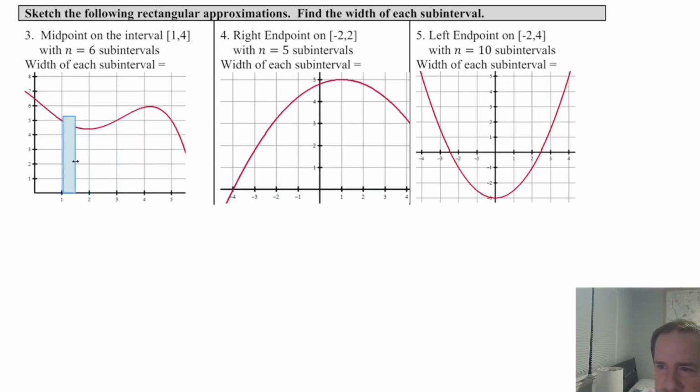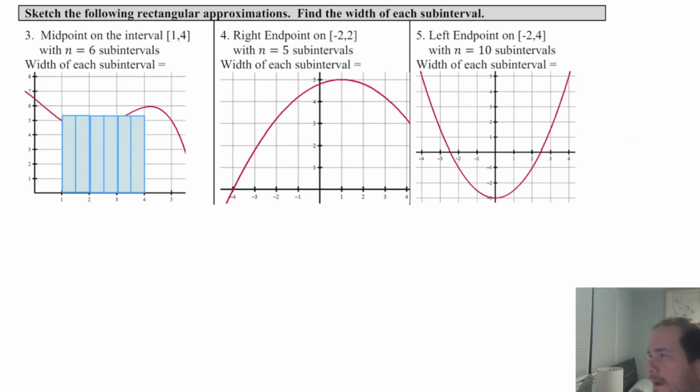That means each one of these would have to be half a unit. So we need one to start at 1 and stop at 1 and a half. Then the next one should go from 1.5 to 2. The next one goes from 2 to 2.5, then 2.5 to 3. But we can cram in 6 bars as long as we let each bar have a width of only 1/2. Then we can go from 1 to 4.